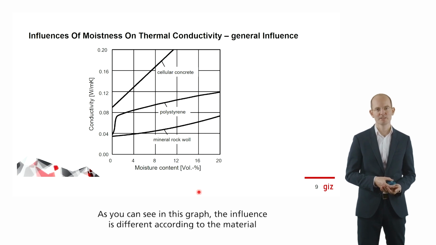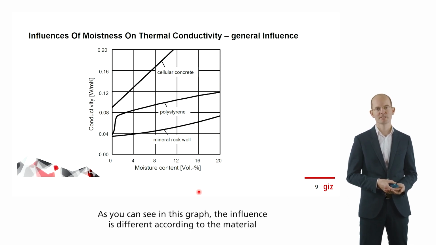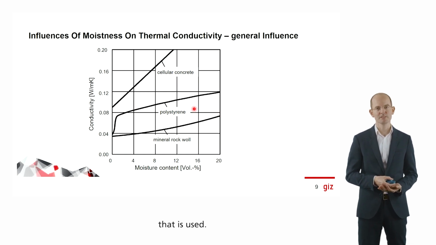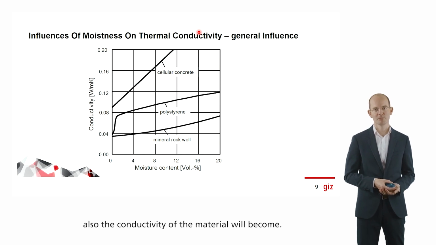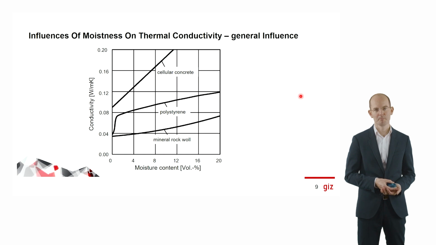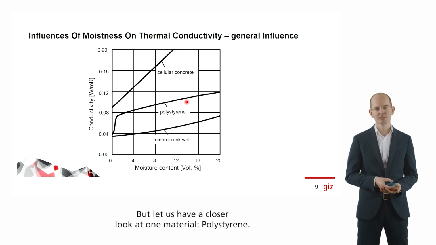As you can see in this graph, the influence is different according to the material that is used, but you can clearly see the trend. The higher the moisture content, the higher also the conductivity of the material will become. But let us have a closer look at one material, polystyrene.